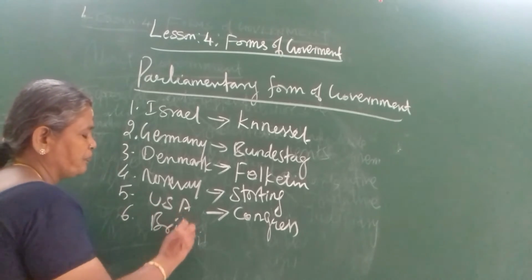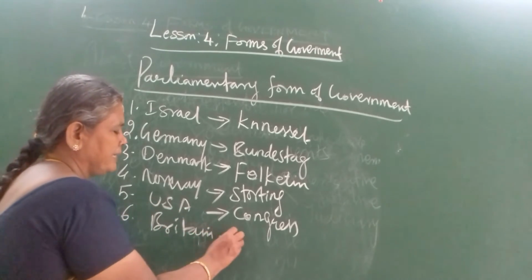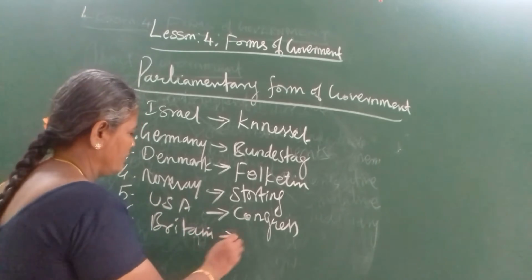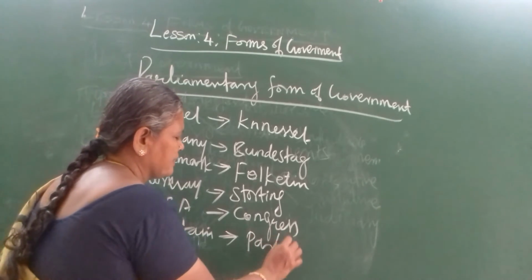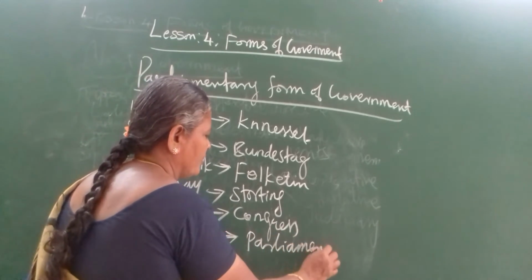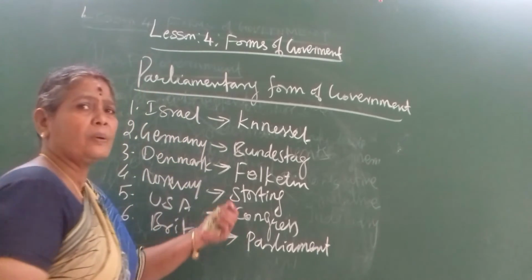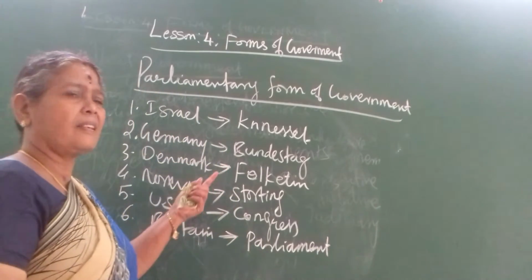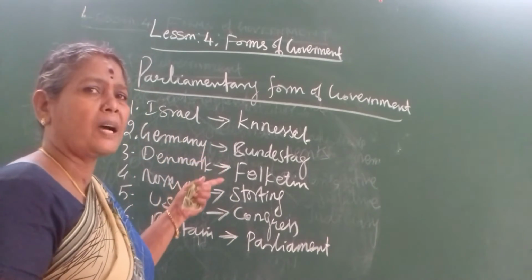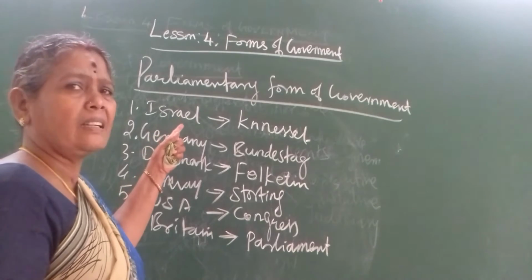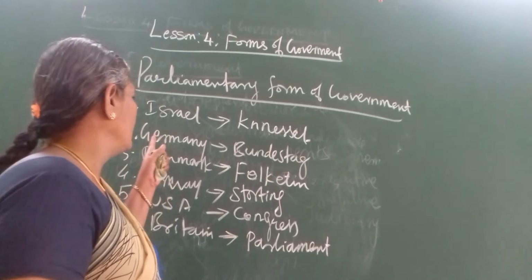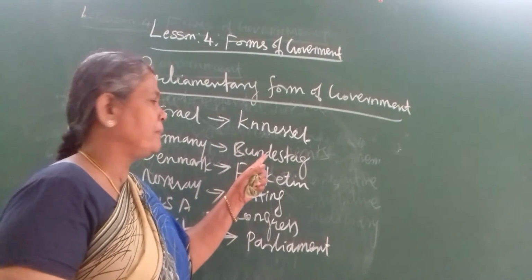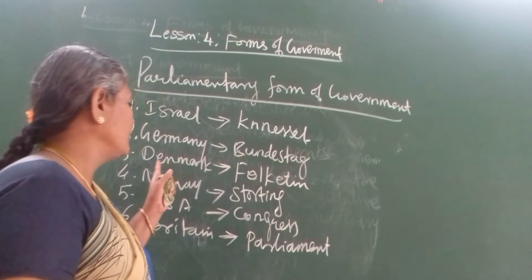Britain: the parliament name is Parliament. So these are some examples. Again, recall: Israel, Knesset. Germany, Bundestag.